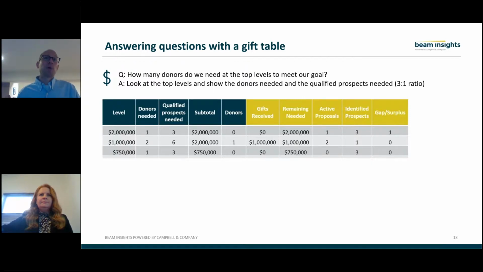I've never met a half of a prospect, but I think you understand what I'm saying. So working through that, understanding how close you are in relationship to some of those lead gift prospects, and again, this could apply to a multi-year campaign or an annual giving scenario, is an important question to answer, and something that you will get as you develop and share a gift table across your organization.